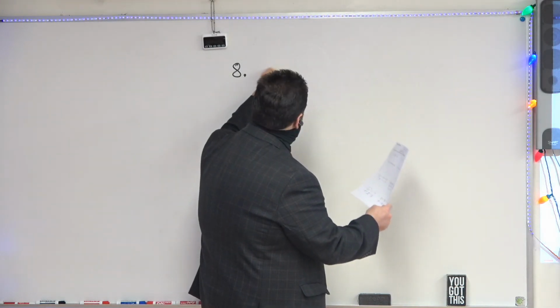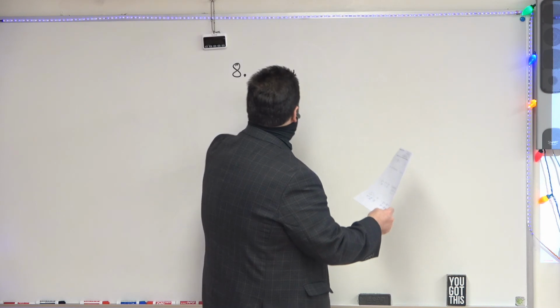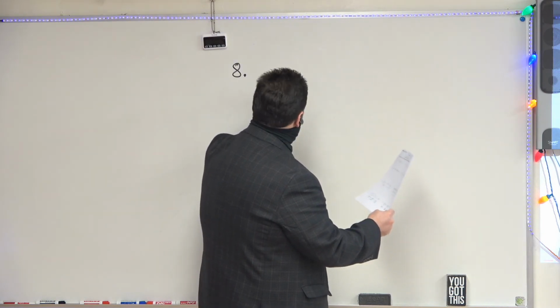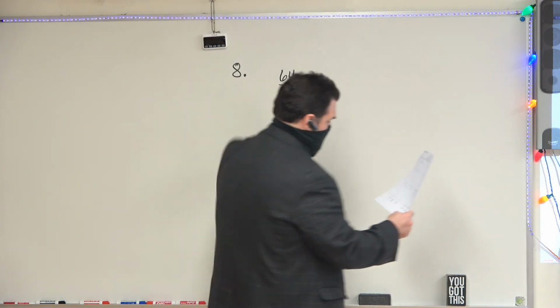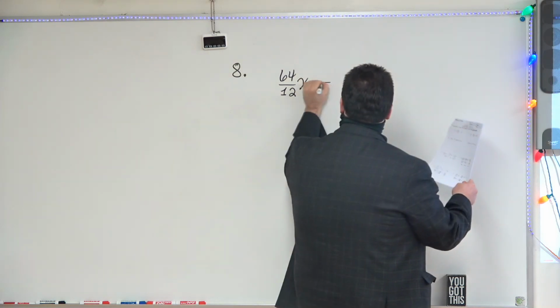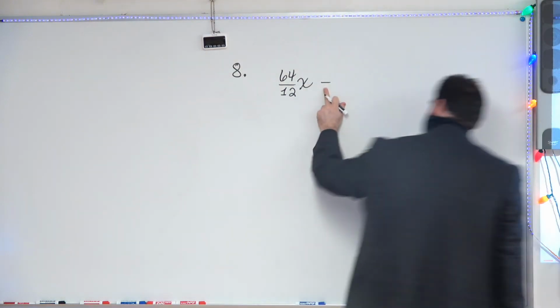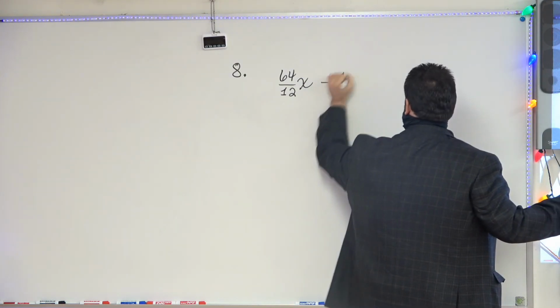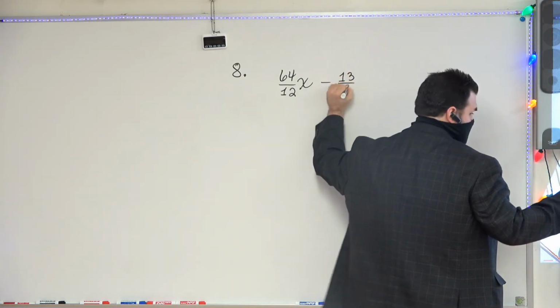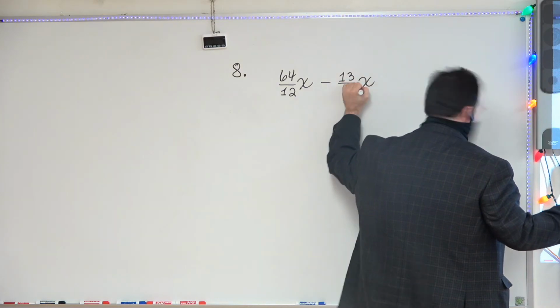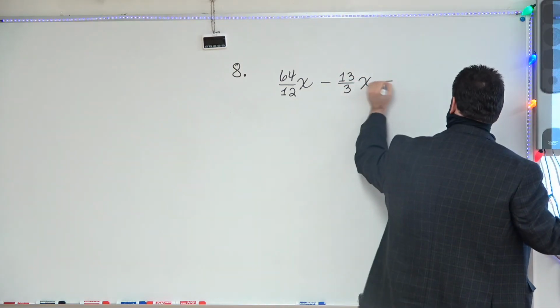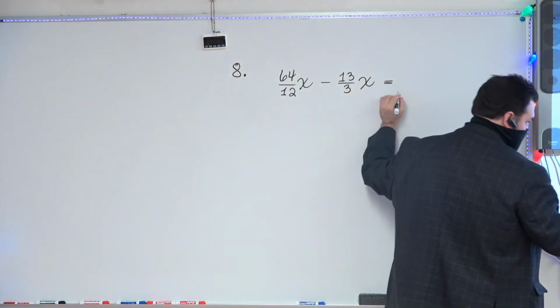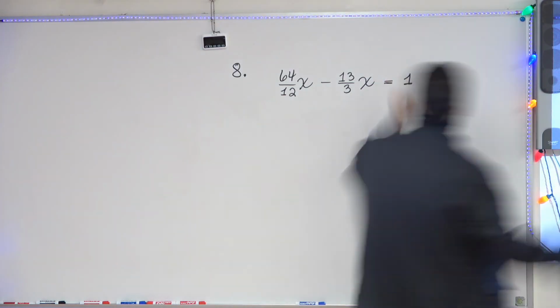Okay, let's write this. Let's write 64 over 12 x menos 13 over 3 minus 13 over 3 x equals uno.